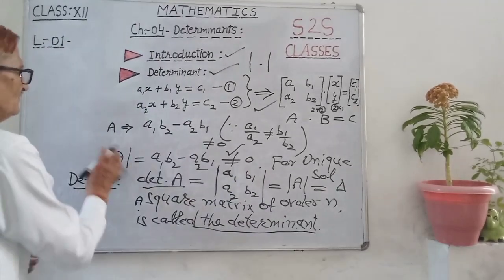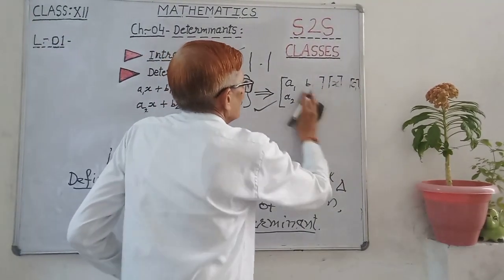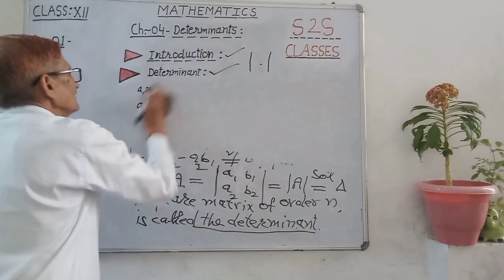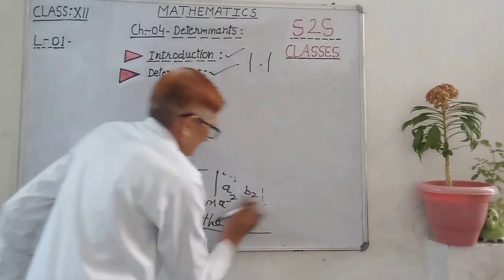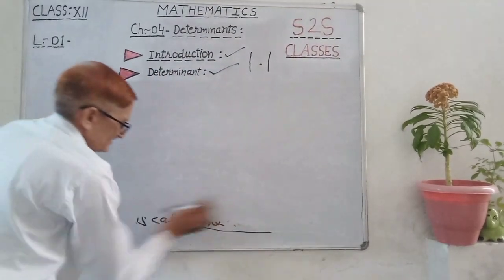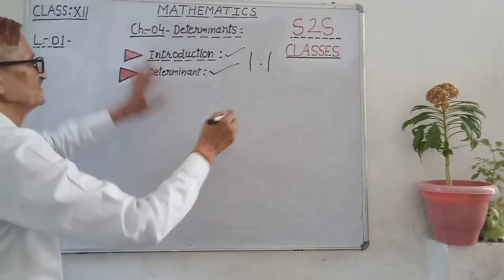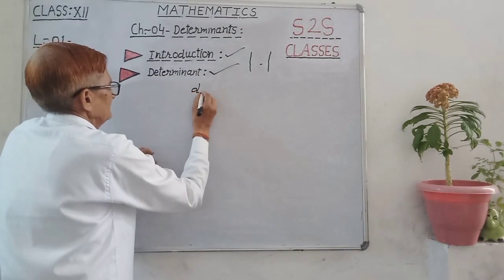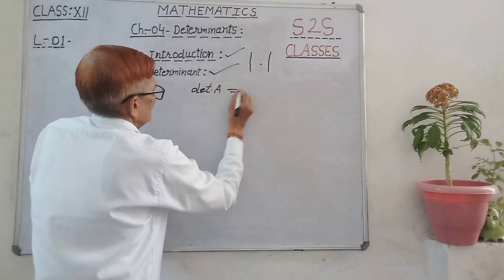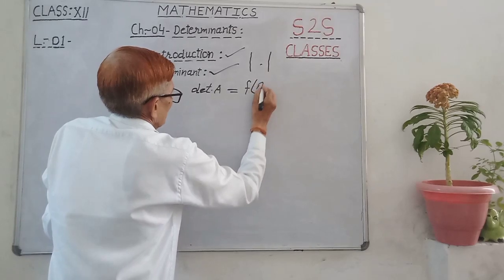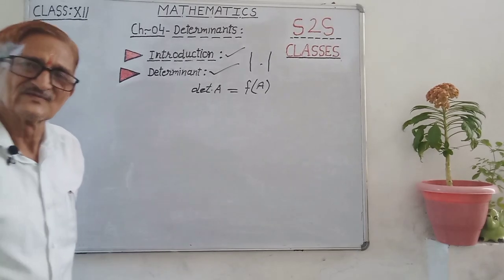Okay, now after this, determinant A is a function of A. Why a function?